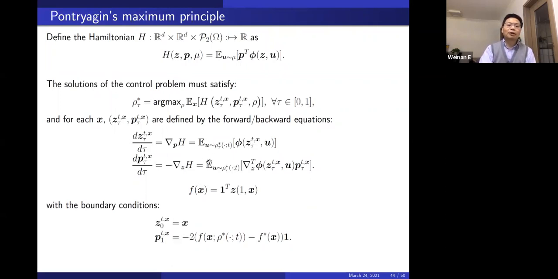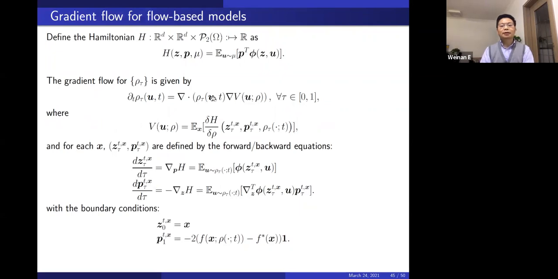Now, if we want to formulate a gradient flow, we just have to replace this condition by the gradient flow, which is this guy. In this case, we have a one-parameter family of gradient flows. So this will be our PDE formulation of gradient flows in this situation.